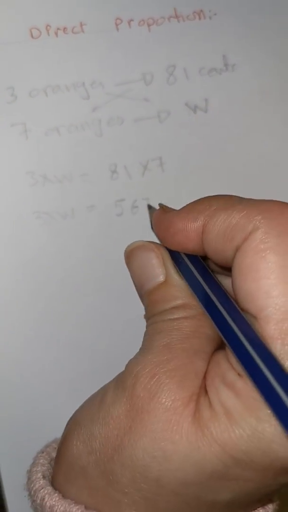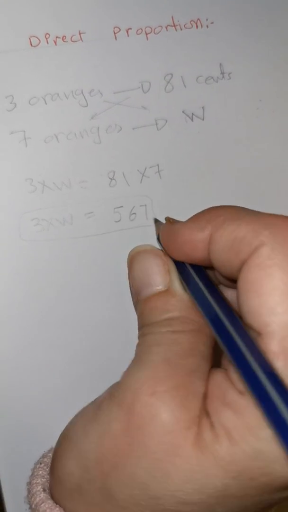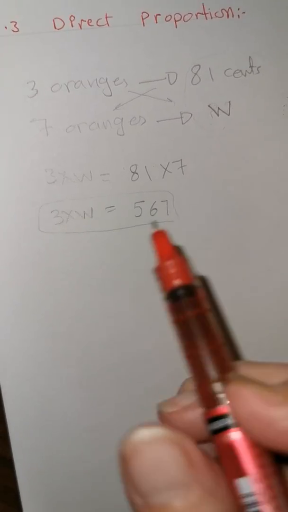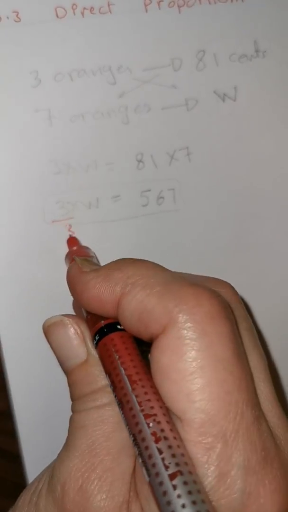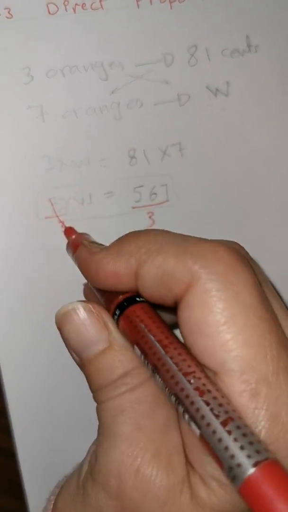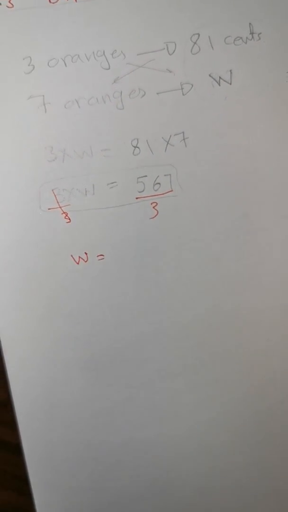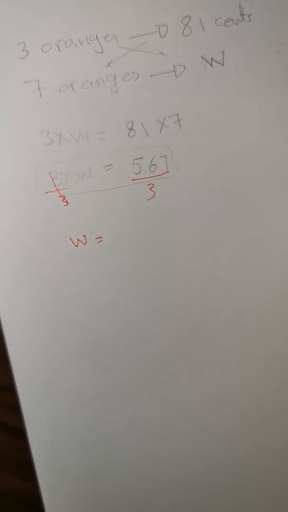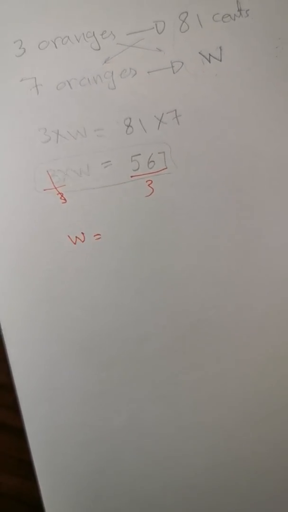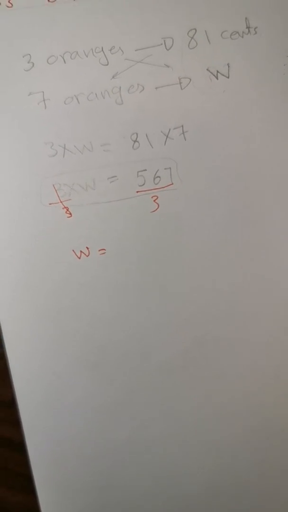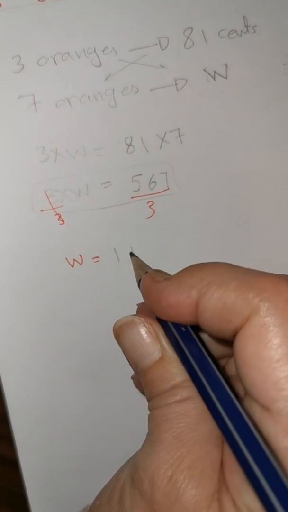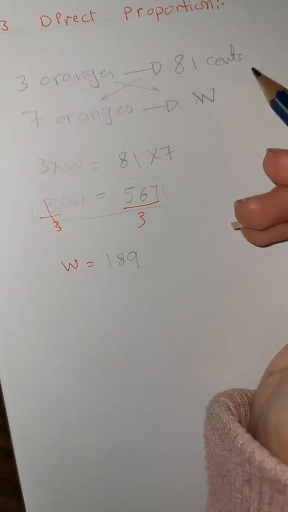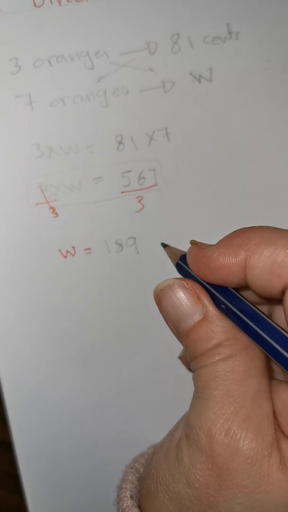So we have a simple linear equation. You need to divide by 3 to get W. 567 divided by 3 equals 189. And because we said W is in cents, we have 189 cents.